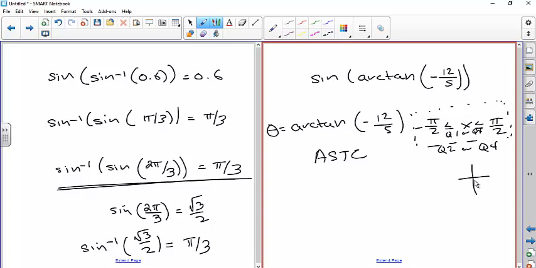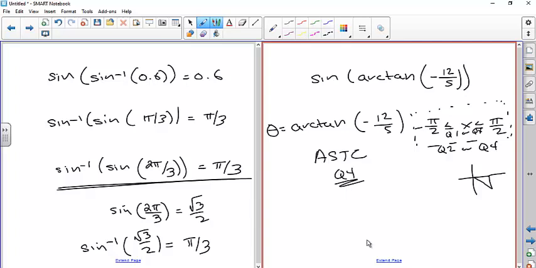So what that means is that I'm going to have some situation like this, and the best thing to do is just to say it's a fourth quadrant.